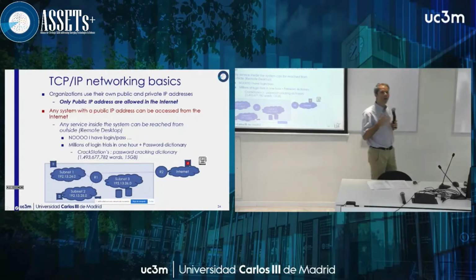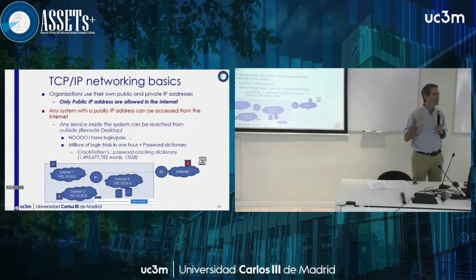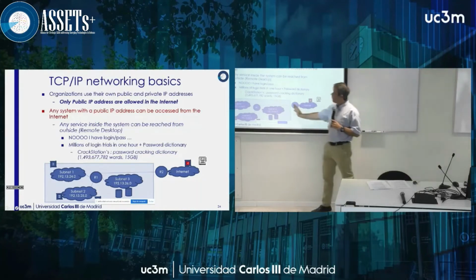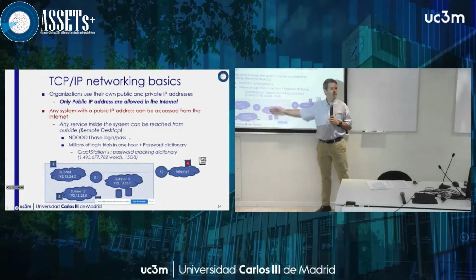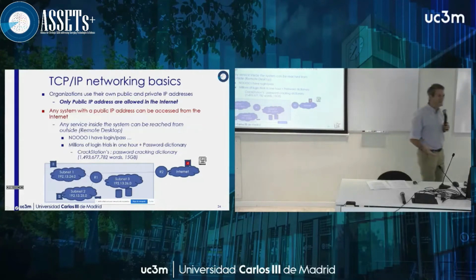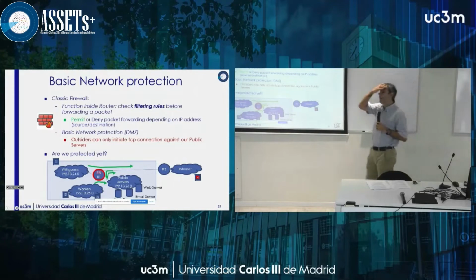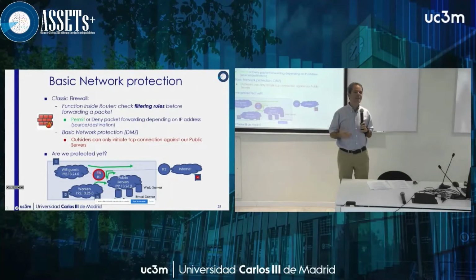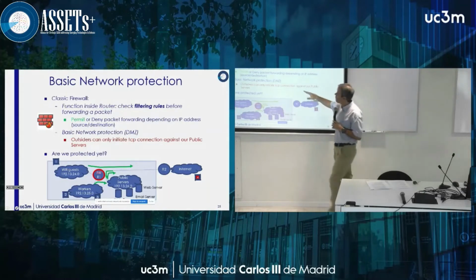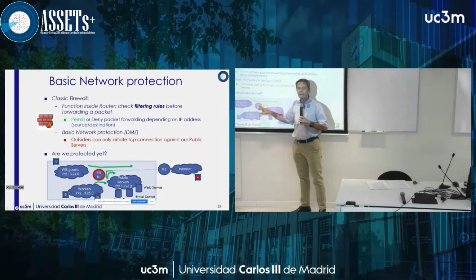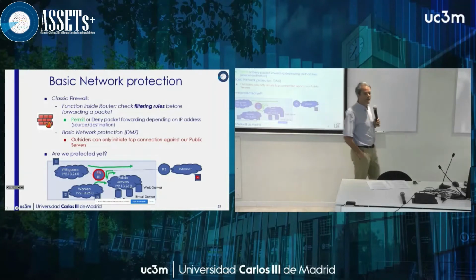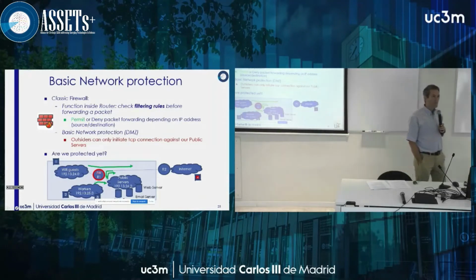Okay, so it's reasonable to protect our network from being accessed from the outside. So here is where firewalls appear. What is a classic, a traditional firewall? Traditional firewalls usually live inside the routers.